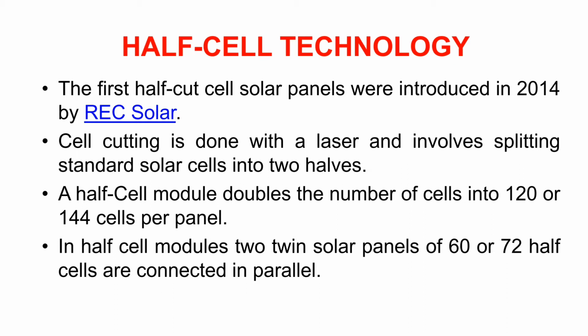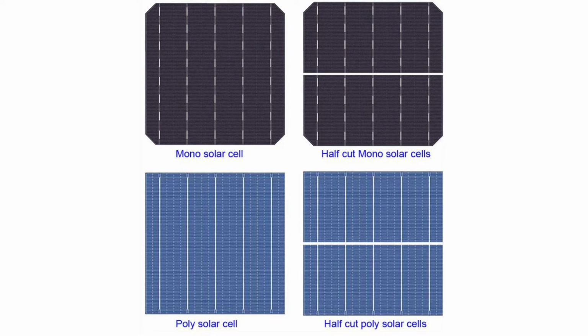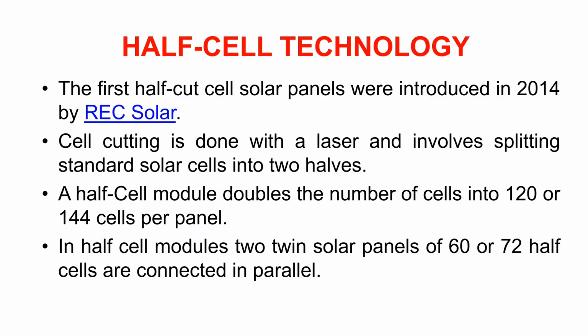This process I have already explained. I'll drop the link below in the description box. You please go through that video. Some extra steps are also involved in this technology. These are cutting these cells into two equal halves by using a laser, and then adding bus bars to all half cells will be the next step.